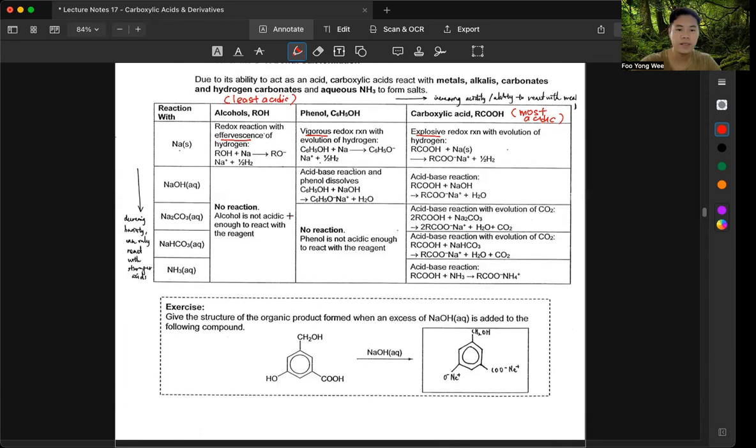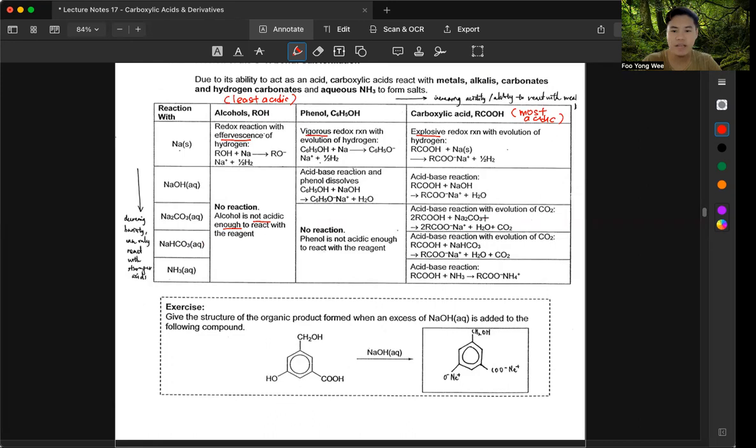Now, for sodium hydroxide, sodium carbonate, sodium hydrogen carbonate, and ammonia, there is no reaction with alcohol. So the way to say it is that alcohol is not acidic enough. As for phenol, yes, it does react with alkali to form salt and water, but not with the other three.